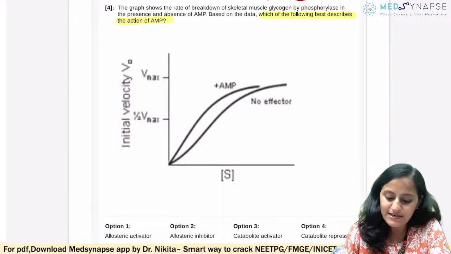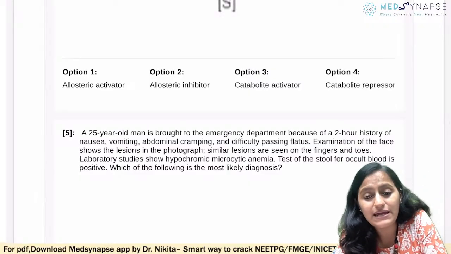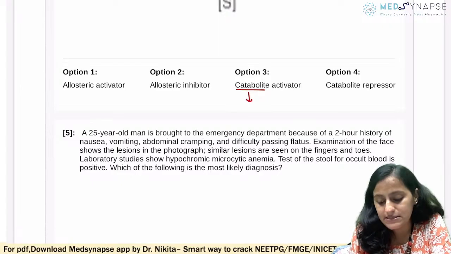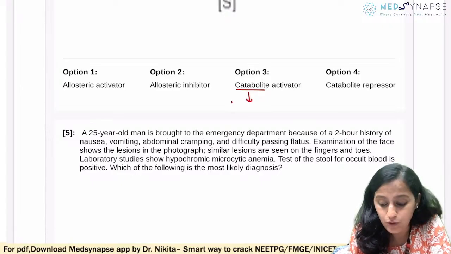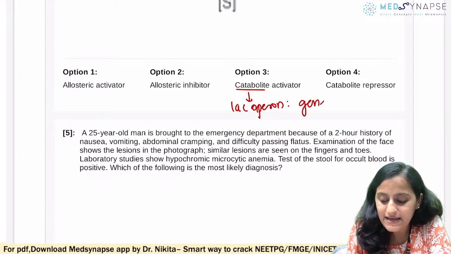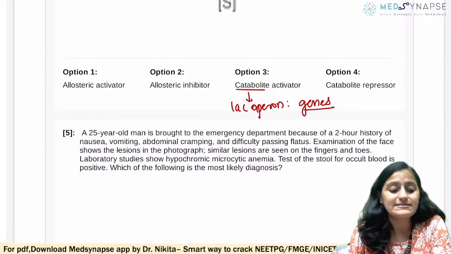First of all, understand the terms allosteric activator and catabolite activator repressor. Catabolite activator or repressor is something that you read in the lac operon, which affects the lac operon system by acting at the level of the genes. The transcription is affected.